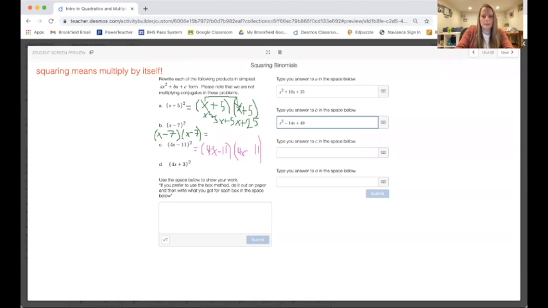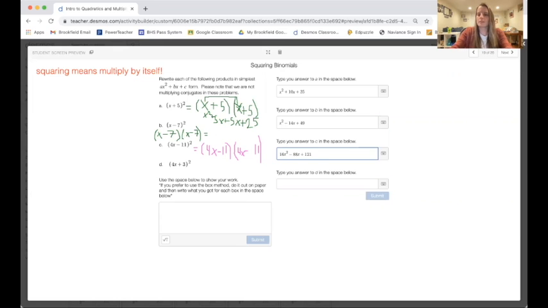So 4x times 4x is 16x squared. 4x times negative 11 is negative 44x, and then negative 44x, negative 88x. And then 11 times 11, plus 121. Let me just double check that. Yep, that should be right. And then same thing for this last one.